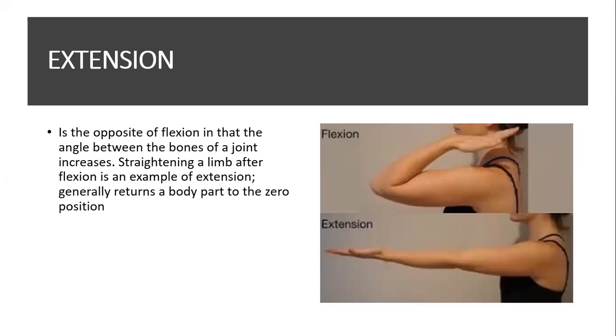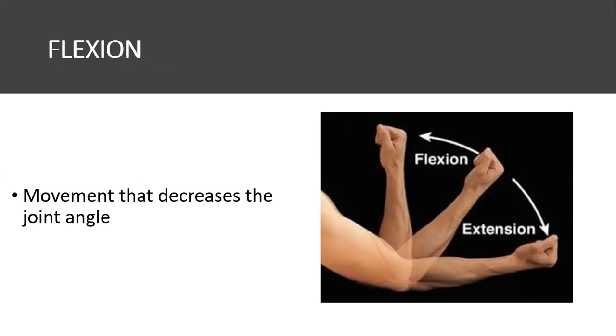Also let me just say, flexion occurs in the sagittal plane. All right, flexion occurs in the sagittal plane. Remember, the sagittal plane splits the body into right and left halves.